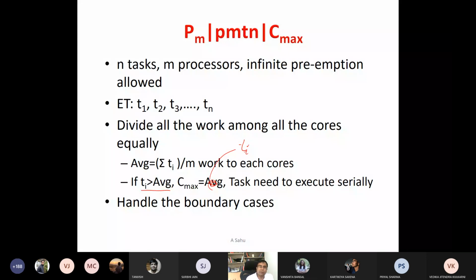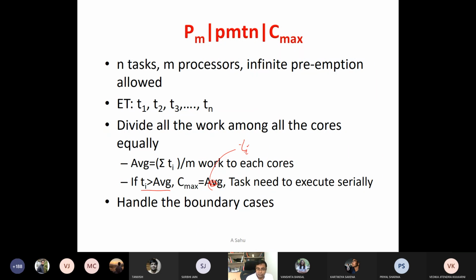This can be solved very easily because you are allowing preemptions. Because of the preemptions, you divide the work among all the cores. This is a very simplistic way, and it will definitely give you the optimal. Only boundary cases you need to handle: if any task's execution time is greater than average, then Cmax will be that task's time, not average.